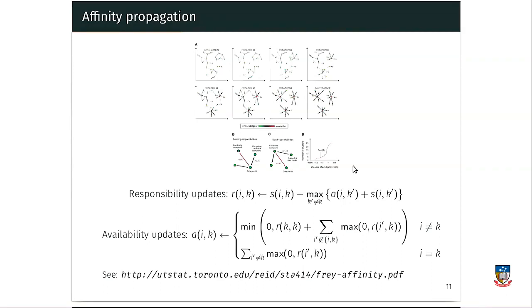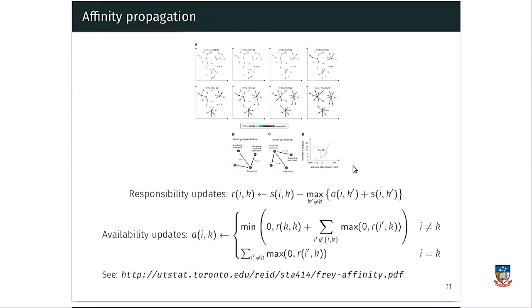But affinity propagation has a particular task in mind. It's given some data, and what you want to do is find an exemplar. Your task is to find the data object in your set of data that best represents a particular cluster. So you're not looking for the median or just labels.